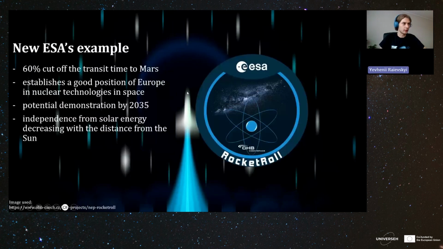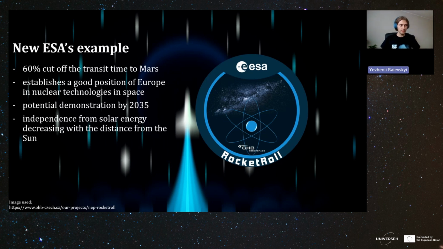I will be brief. A spacecraft could cut 60% of the transit time to Mars compared to a traditional chemical mission. The continuous acceleration or deceleration would mean a few months of travel instead of half a year or more, as in the case of chemical rockets.